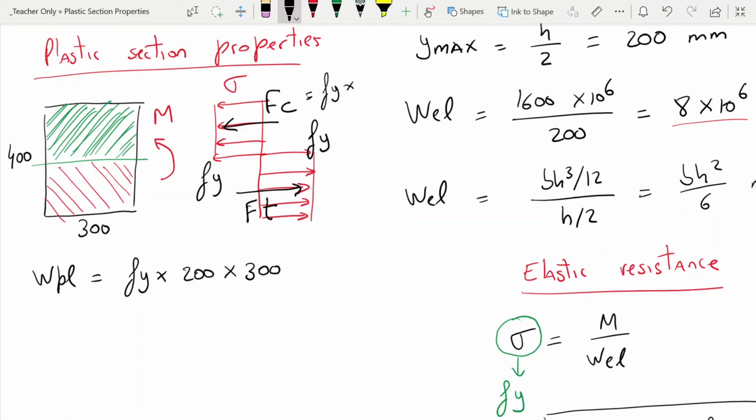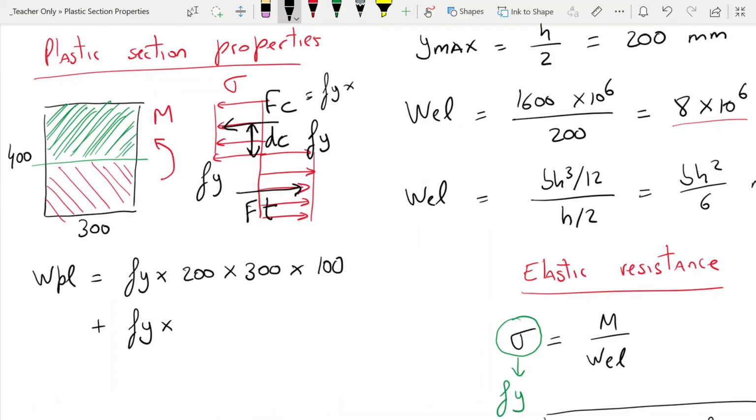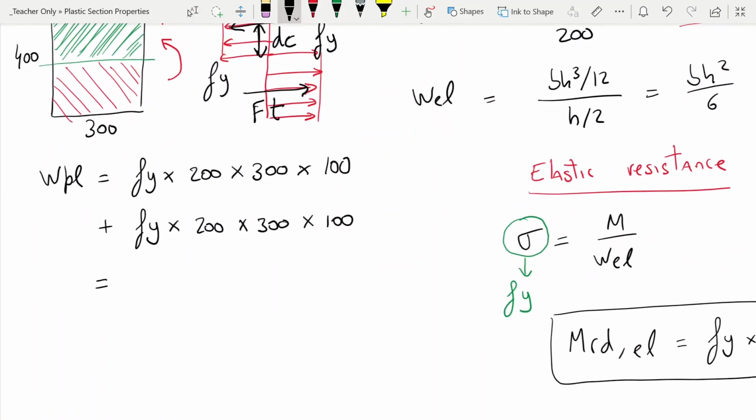And now the only thing we need to do is multiply this Fc by the distance to the plastic centroid. So this distance here, let's call it dc. We multiply this to get the moment caused by that force Fc. So that will be 100. So it's 200 divided by 2, so it's 100. And now if you do the same for the other force, Ft is going to be Fy times also 200 times 300 and also times 100. And if you add all of this up, this gives you the plastic section modulus of the section.